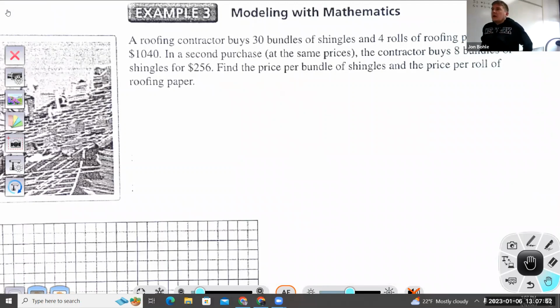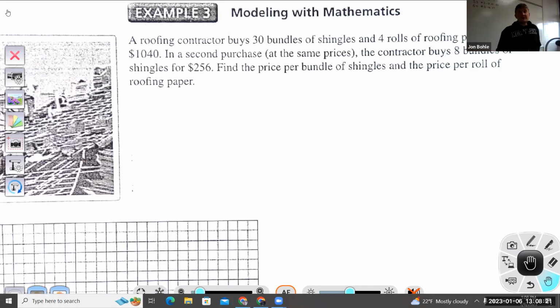Okay. A roofing contractor buys 30 bundles of shingles and 4 rolls of roofing paper for $1,040.